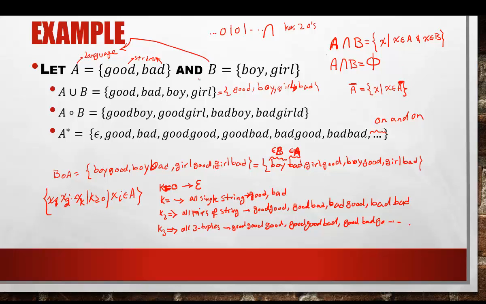For example, if these languages were coming from the English letters A through Z, then the complement of A would be every other word in the English language, as well as all the non-word combinations of letters that are not good or bad. Okay, so complement is another language that might be of interest for us.